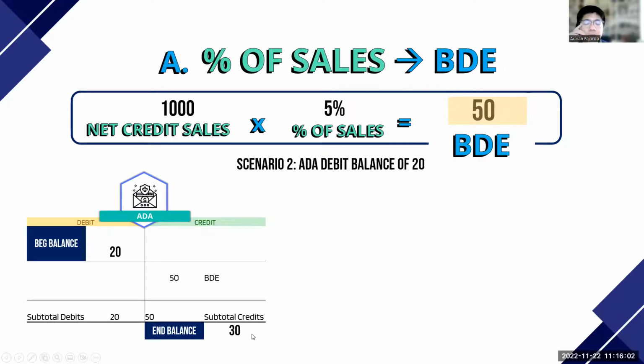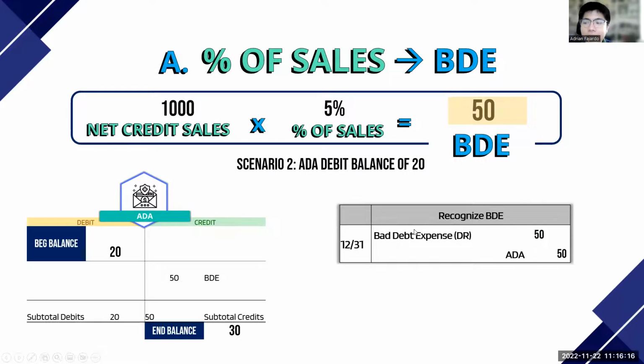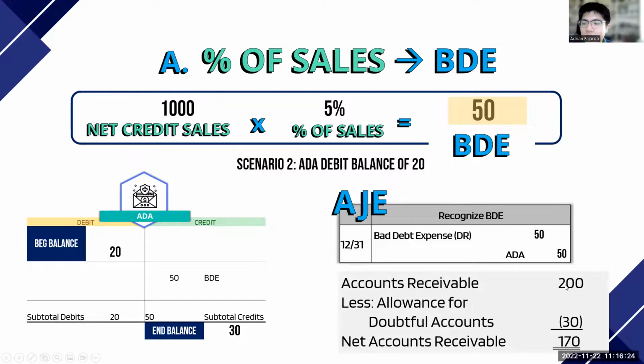So again, because we were able to use percentage of sales, we were able to get two things. The BDE of 50, and then the ending balance of ADA at 30. Since we have those two, we can do the two things that are usually required. The adjusting entry, which is debit BDE, credit ADA of 50, and then we'll also be able to get the net AR, which is, let's say 200 minus 30 is equal to 170, right?